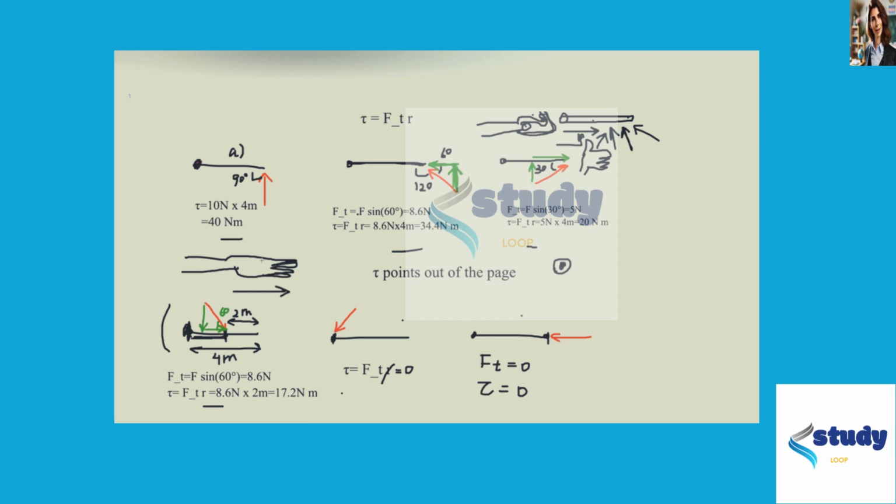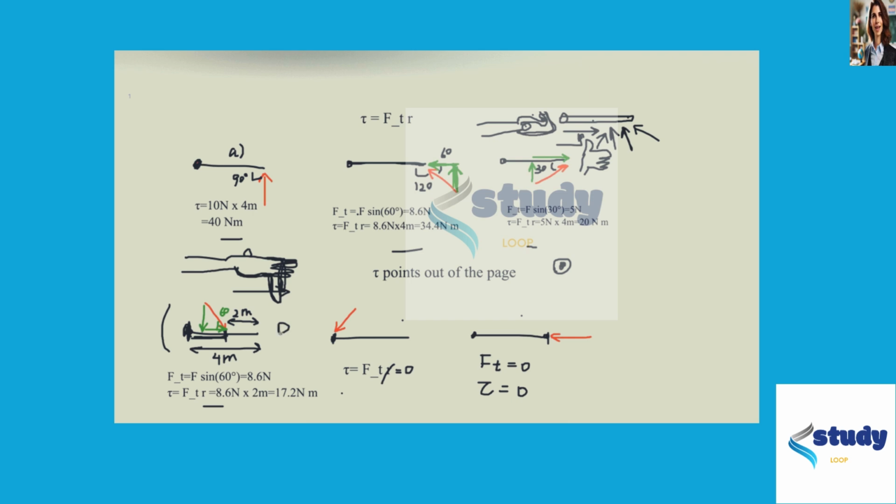And then you try to curve them in the direction of the force. This time, this force is going down. So try to curve your fingers, and you have this. Then your thumb should be facing into the screen. So this is into the page.